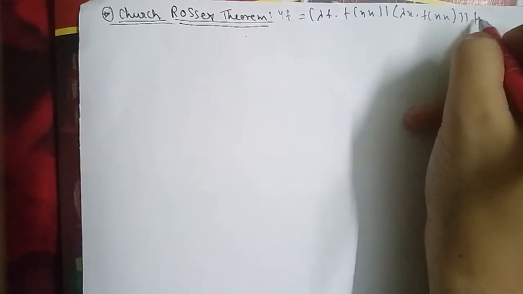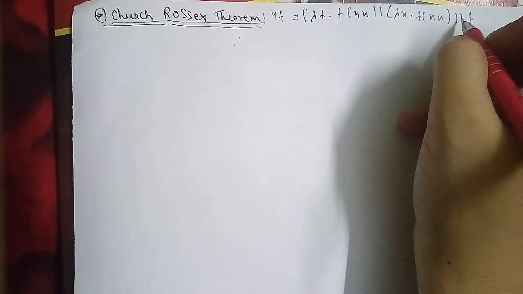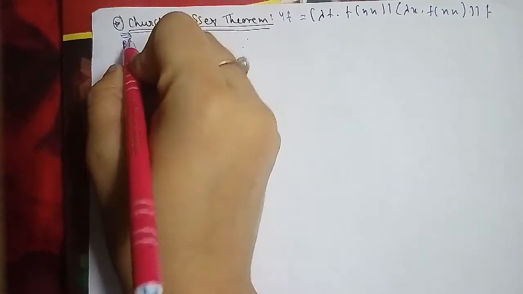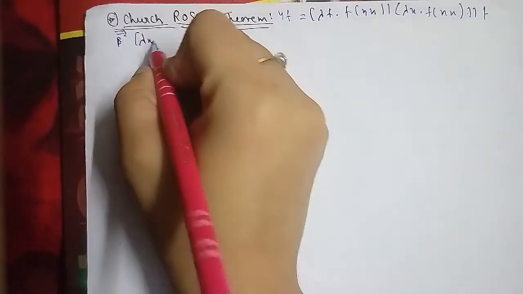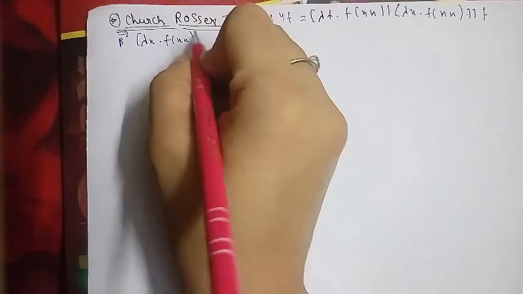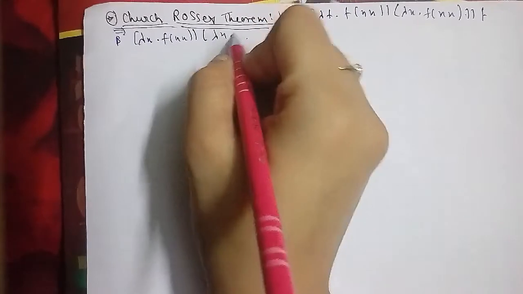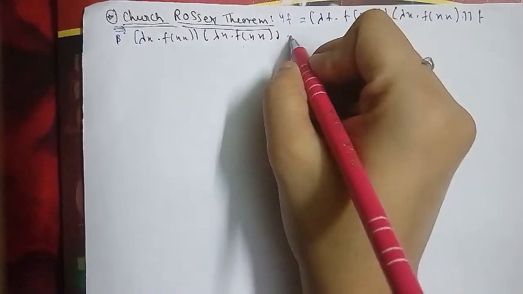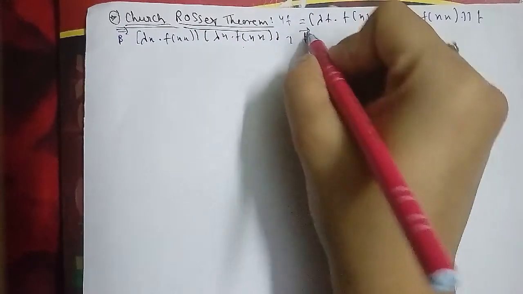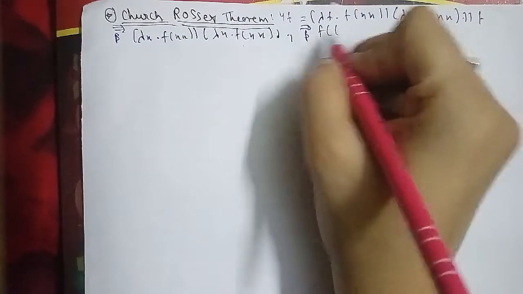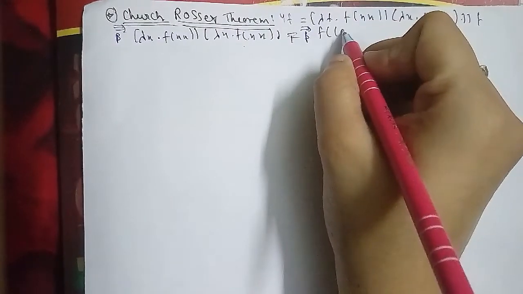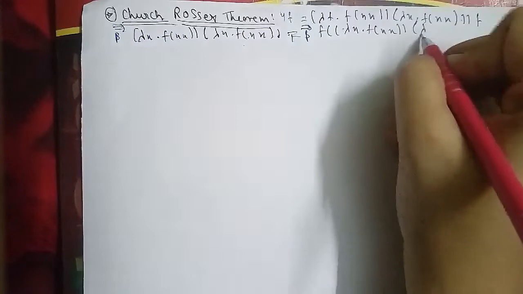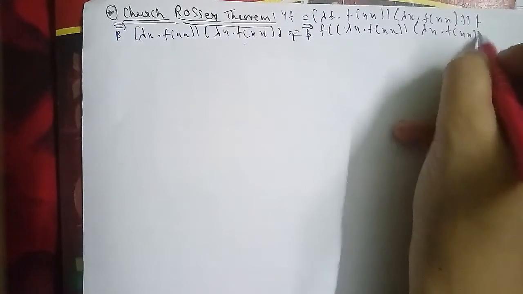So that tends, by beta, to lambda x dot f xx, lambda x dot f xx here, and that even tends, by beta, to f xx, that is lambda x dot f xx, lambda x dot f xx here, and that tends to f of Yf as well.